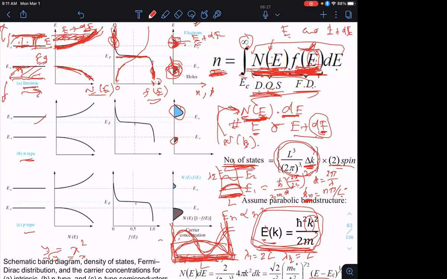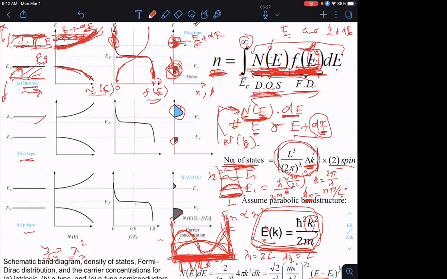Once I've taken that interaction into account in terms of m star, I can forget about the periodic crystalline potential and think of the problem as the electron moving in free space. Then I can look at this wave with a modified effective mass bouncing back and forth between the walls of the crystal itself, not the atoms themselves, but the entire macroscopic crystal.